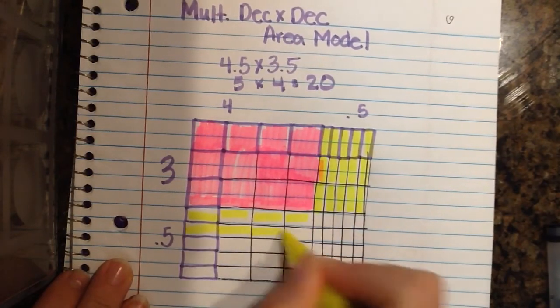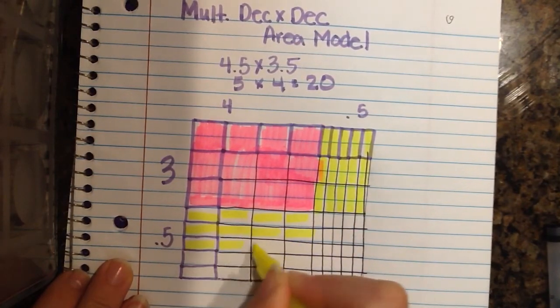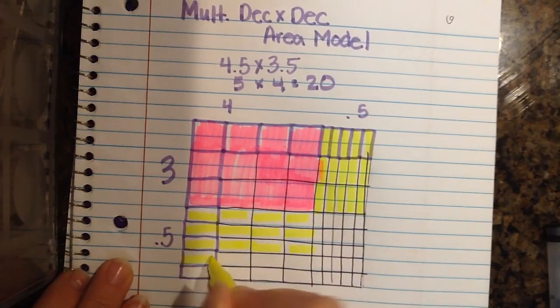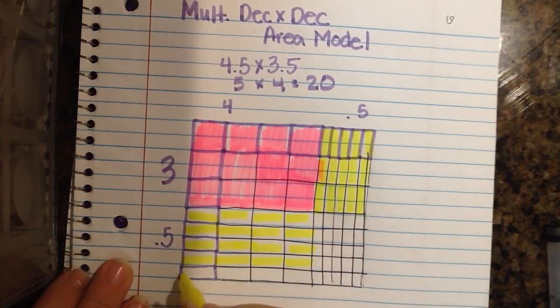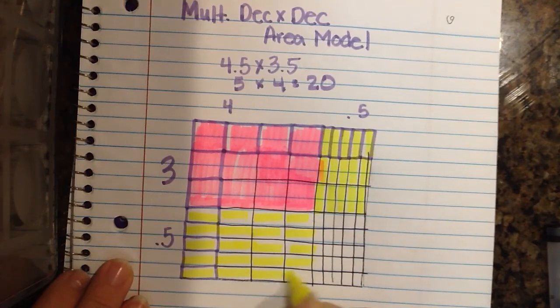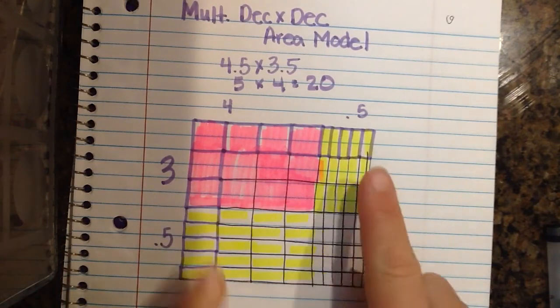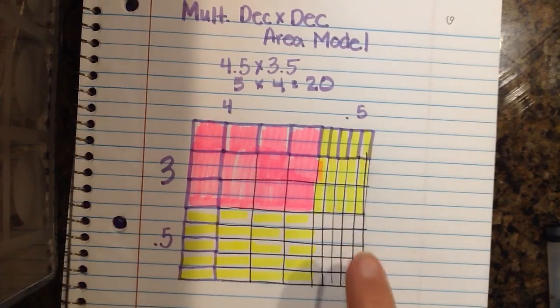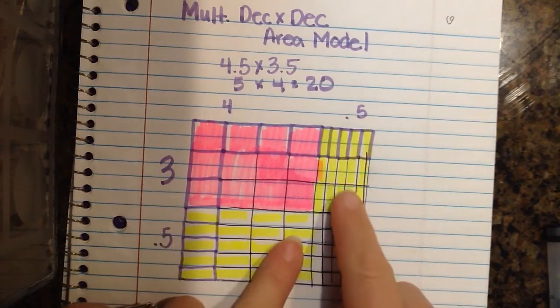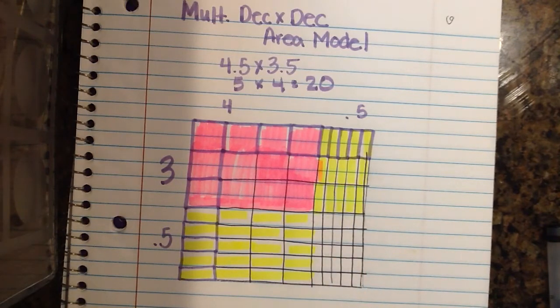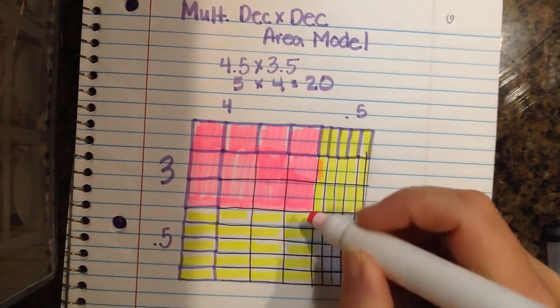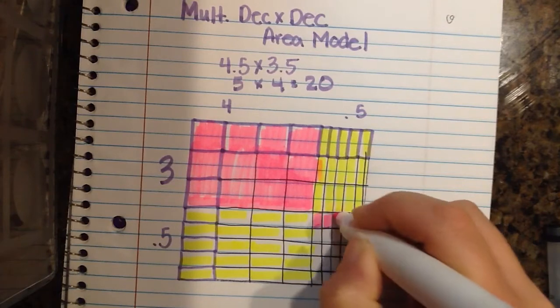So, if I have wholes, I have tenths. What do you think these smaller pieces are going to be? They look just like units or bits. I'm going to color those in. 1, 2, 3, 4, 5.